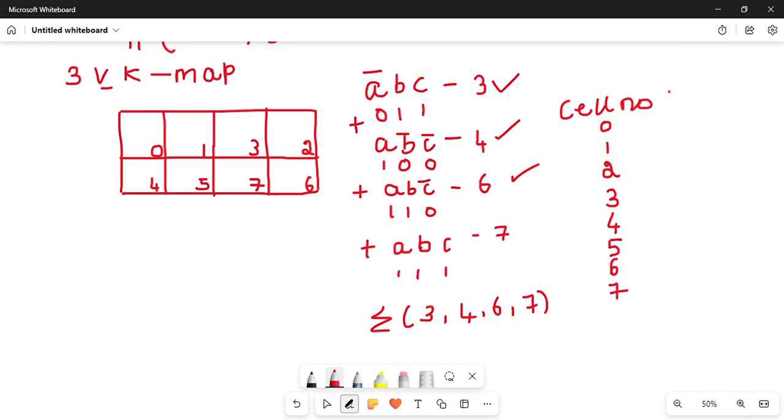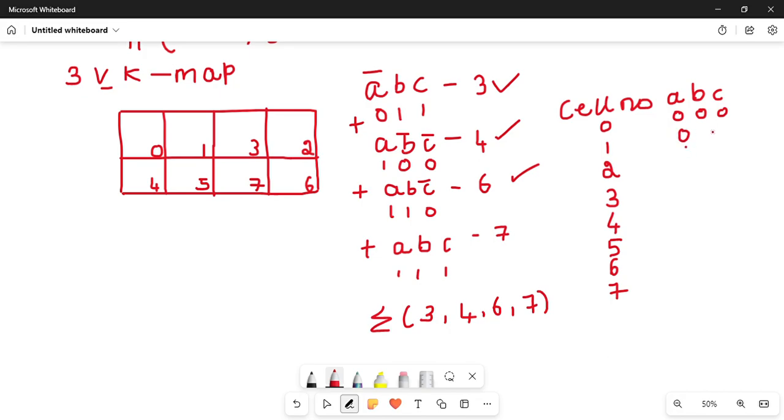ಸೊ ಇವಾಗ ನೀವಿಲ್ಲಿ if you write ABC, so here you have to write till 0 0 0 till 1 1 1. You know that, right?